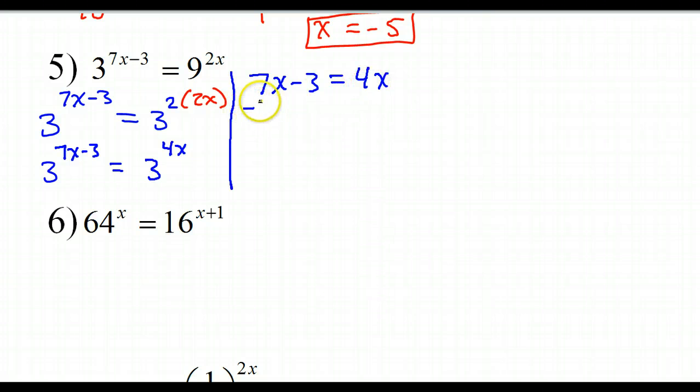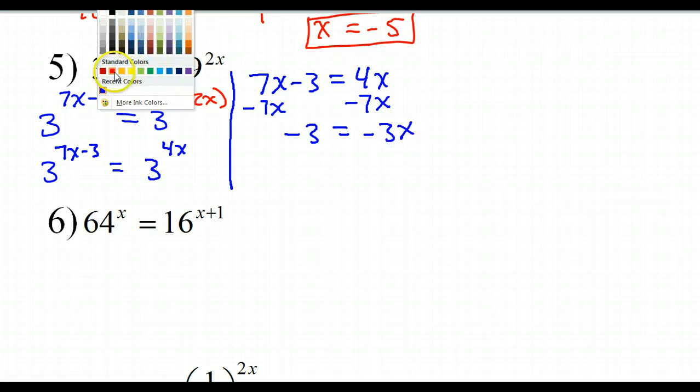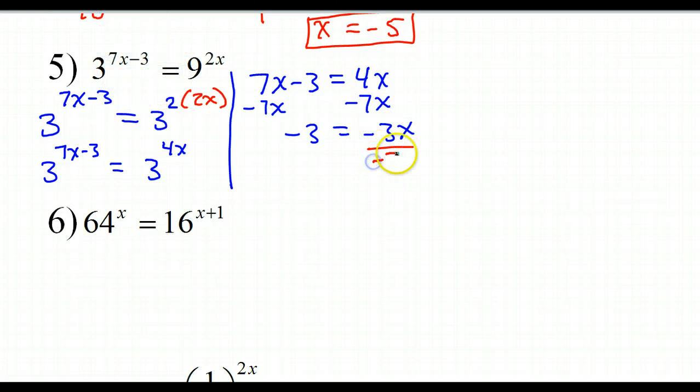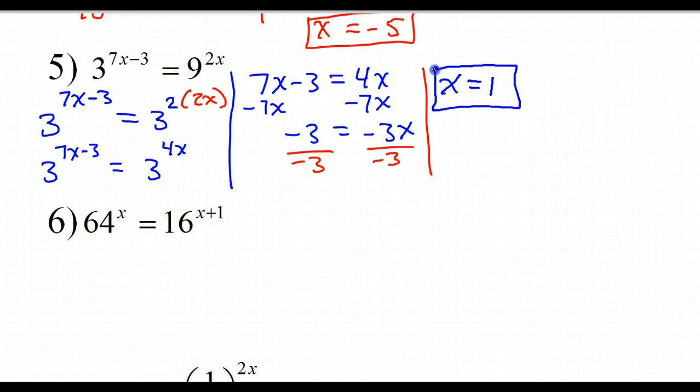I'm going to go ahead and subtract 7x from both sides, get those x's together. That'll leave me with negative 3 is equal to negative 3x. All right, if I now go ahead and divide by negative 3 on both sides, that's going to give me x equals 1. Okay, so that would be the answer to number 5.